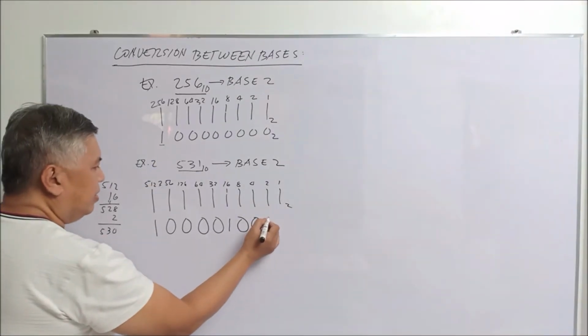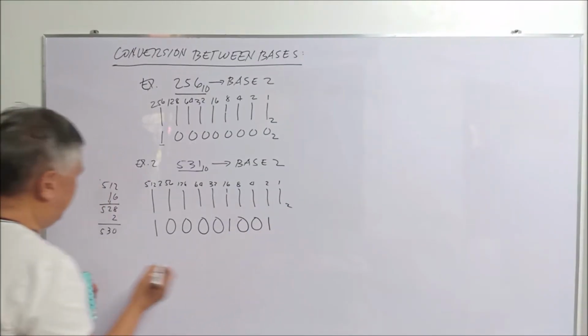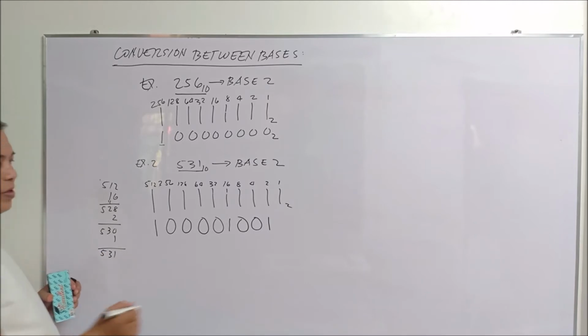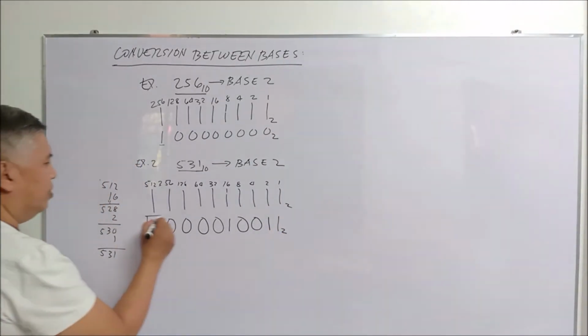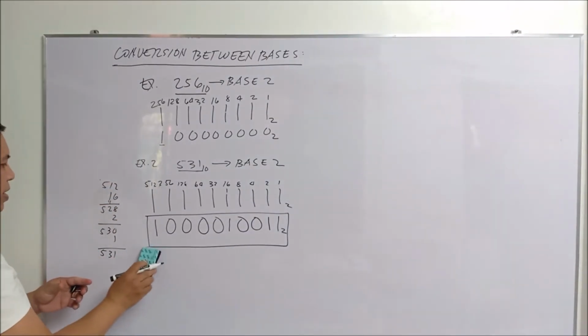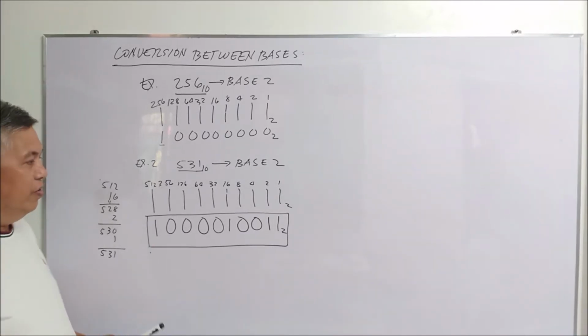So we will make this as 1. And then when we add 1 here, the number becomes 531 of base 2. So this will now be your binary equivalent using the short method conversion.